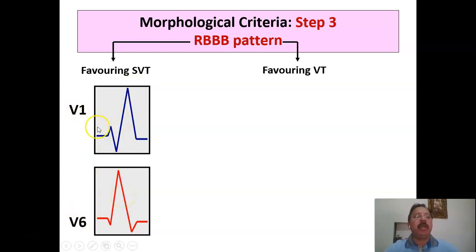So V1 has either an rSR pattern or a wide R wave, and V6 is also positive with a deep S wave. If this pattern is present in a wide complex tachycardia and it persists, it's more in favor of supraventricular tachycardia.